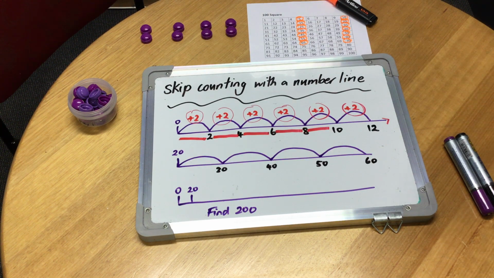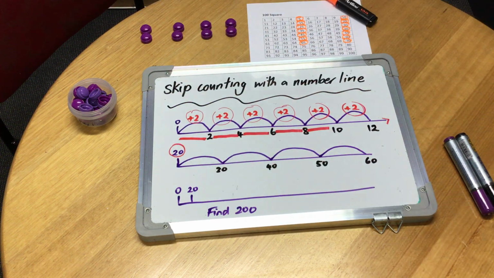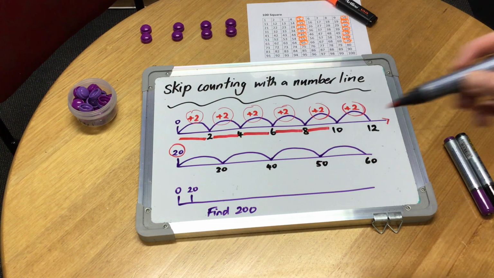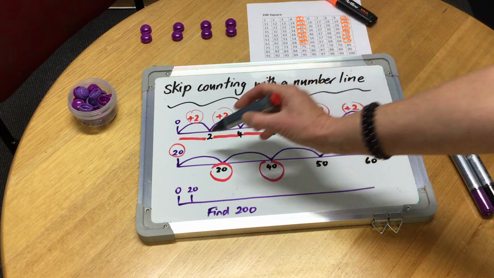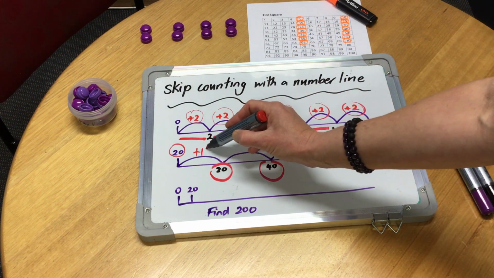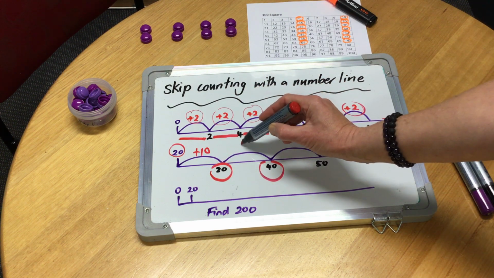We can skip count backwards and forwards, and we can skip count by different groups of numbers. So this person is skip counting by groups of, not 20. Have a closer look. By 10. So they've added on 10 to make 30.